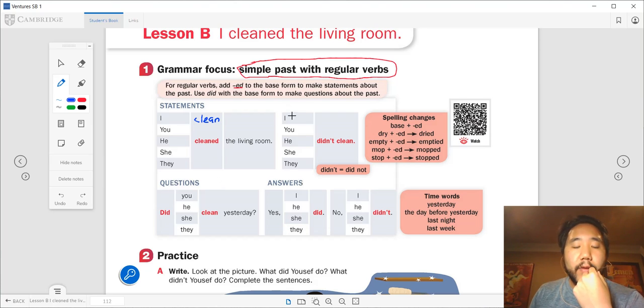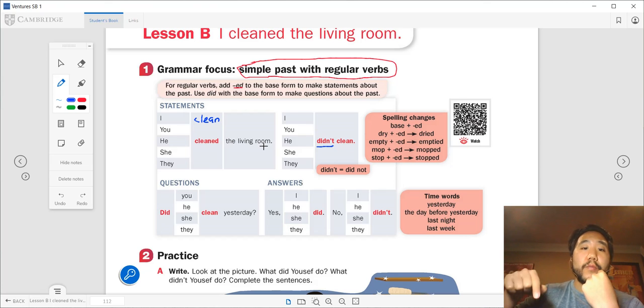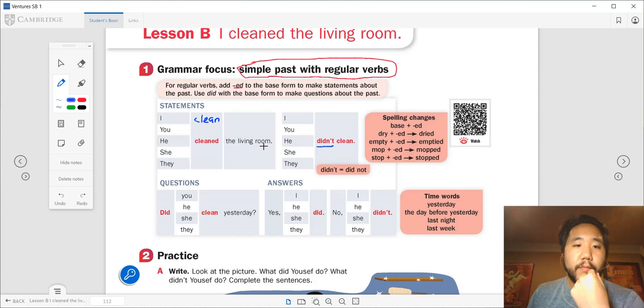Now here we have I didn't clean. And this is what we call the negative form or negative statement. So this is positive and talking about the past, and this is also talking about the past. So I cleaned the living room means that right now the living room is clean because in the past someone cleaned it.